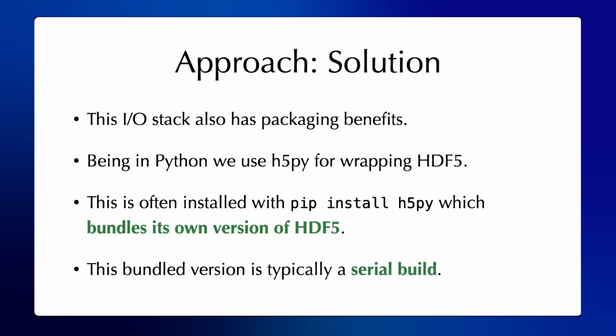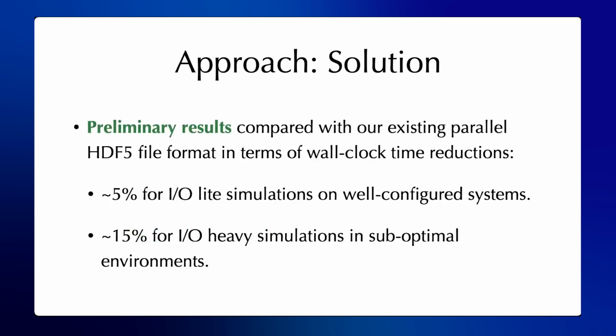In terms of how this works in practice, compared with our existing parallel HDF5 format, where you make a reasonable effort to configure both properly, you're looking at about a 5% reduction in wall clock time for I/O light simulations on well-configured systems, but closer to 15% for I/O heavy simulations in suboptimal environments.